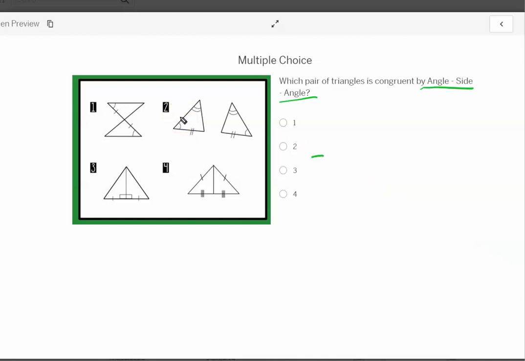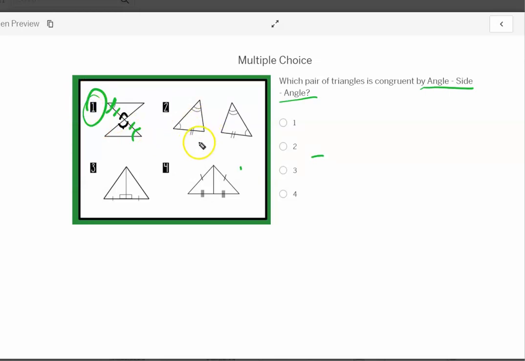This first one is angle, side, and then this is what we didn't do in the last one. These two are vertical angles, so we know that those are congruent. So this first one, we have angle, side, angle on one and angle, side, angle on the other. So that one is correct.